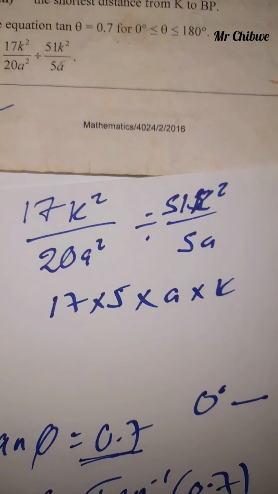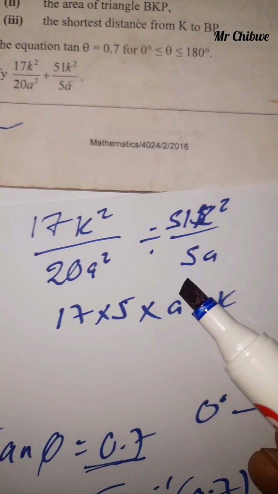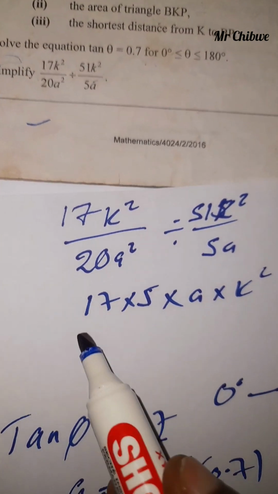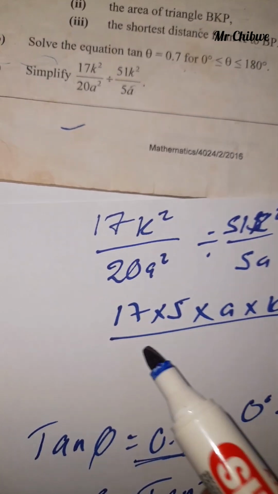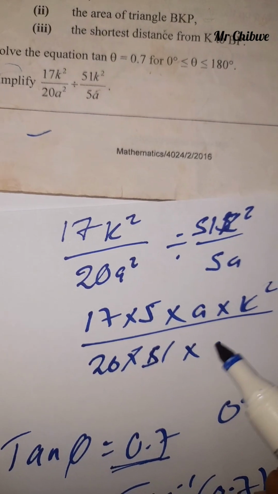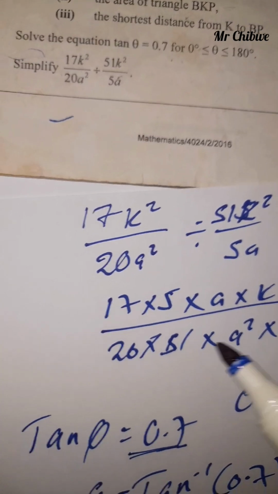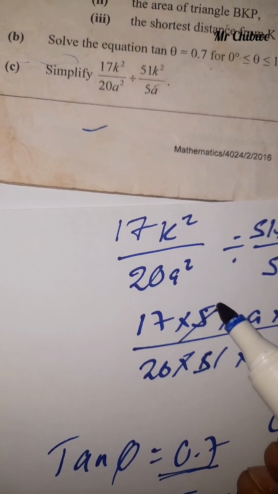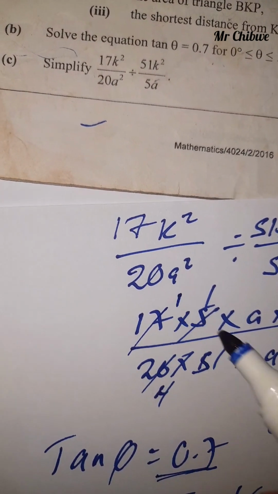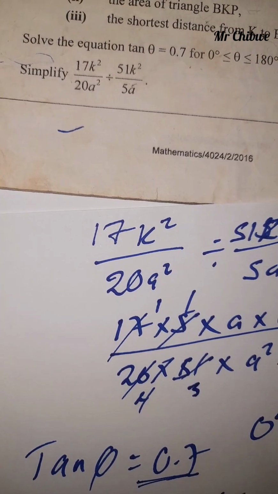So when you cross multiply, it will be 17 times 5 times a times k squared, divided by 20 times 51 times a squared times k squared. Starting with numbers: 5 into 5 is 1, 5 into 20 is 4 times, then 17 into 17 is 1, 17 into 51 is 3 times.